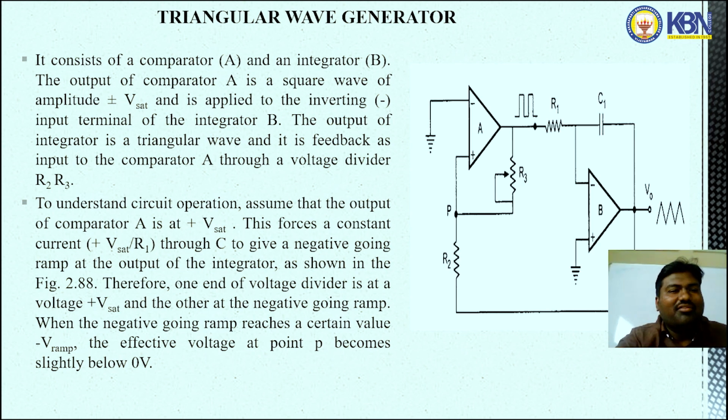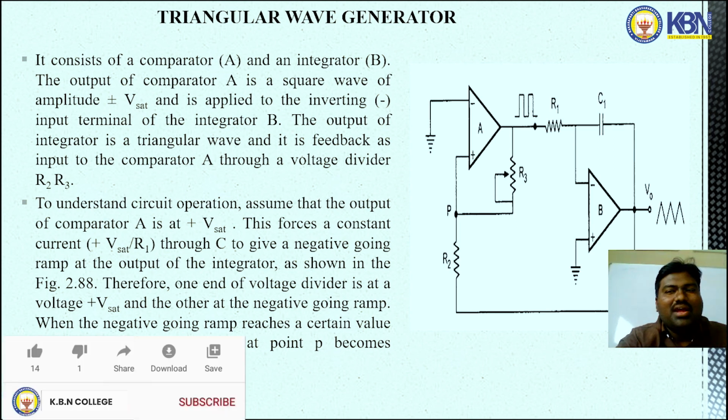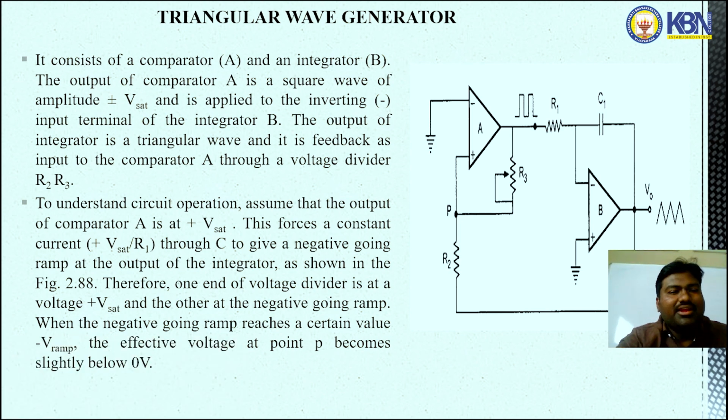The output of the integrator is a triangular waveform. That means the comparator output will be a square waveform, and the integrator integrates the input voltage, which gives the output of a triangular waveform, and it is fed back as input to the comparator A through the potential divider R2 and R3 represented in the circuit diagram.